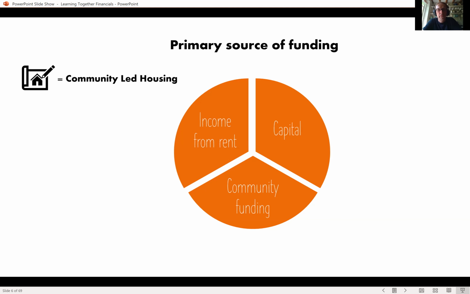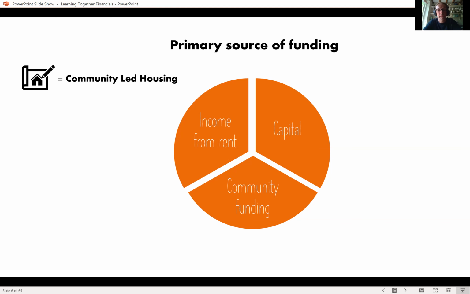Again, primary sources of funding: capital, and I'll talk about what that means in a moment, community funding, and income from rent. They may come in different phases of your project. You're not going to get income from rent until you've actually built the houses and moved in. You will get capital beforehand, either in the form of a loan or existing capital from private sources, from people who are involved in the project or from somewhere else.